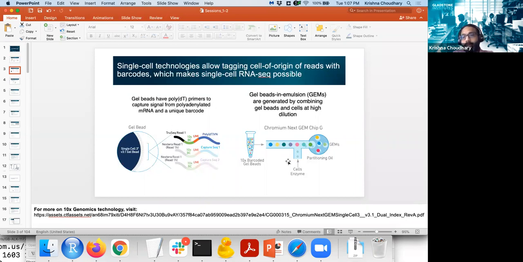And the way it happens is there is an instrument which, my understanding is, utilizes a microfluidic device where one loads cells along with some enzymes and a mix of nucleotides, etc., at specified levels of dilution.